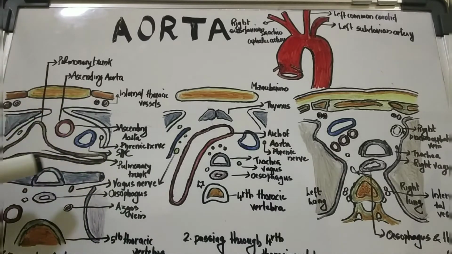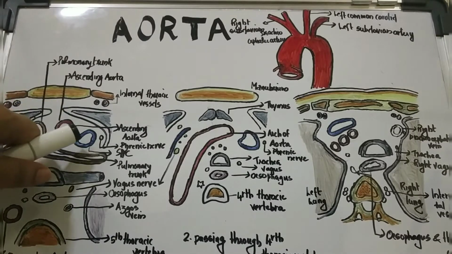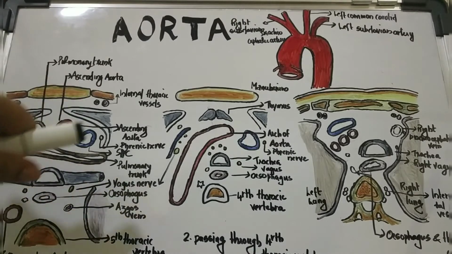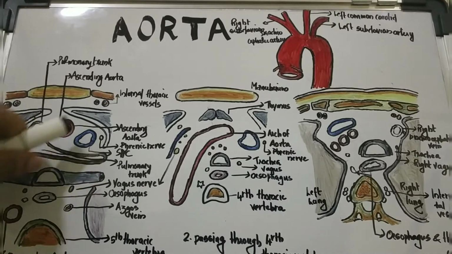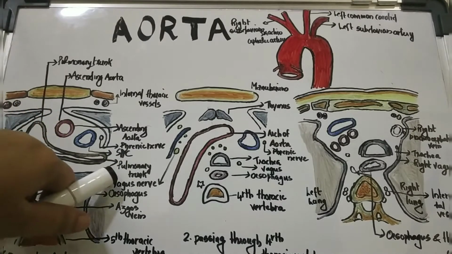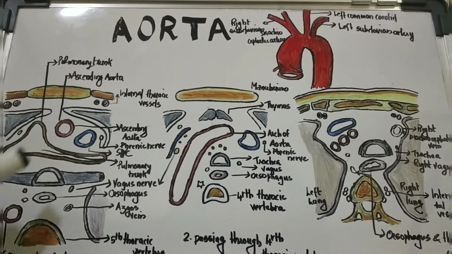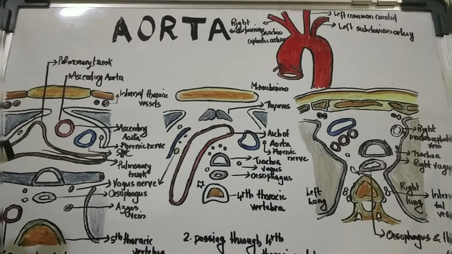Posteriorly it is related to the transverse sinus of pericardium. You cannot see that. Left atrium, right pulmonary artery, this is the pulmonary trunk and this is the right pulmonary artery, and also the right bronchus. So posteriorly it is related to the transverse sinus, left atrium, right pulmonary artery and also right bronchus.